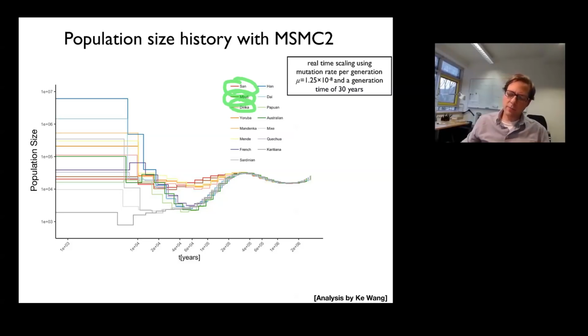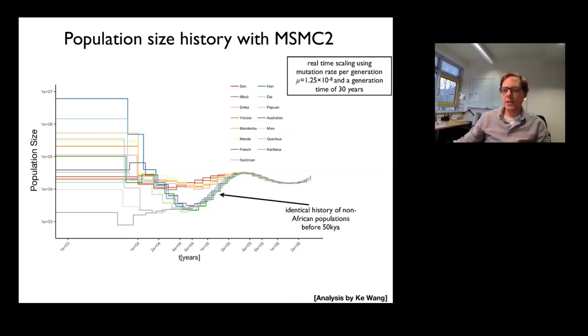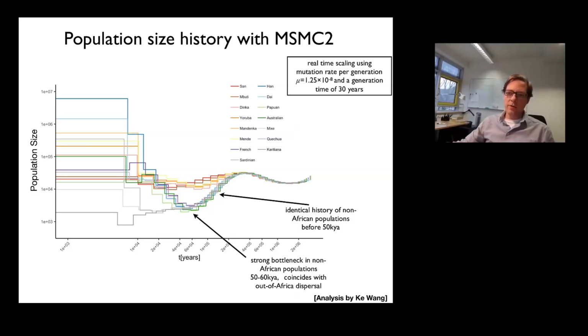So on all of these plots, the distant past is on the right, and the recent past is on the left. And you can see that in all of these non-African populations before 50,000 years ago, so all these non-reddish and yellowish samples that are circled here, we see an identical population history that diverges from their African cousins around 200,000 years ago, and then goes all the way down to a steep bottleneck around 50 to 60,000 years ago, which archaeologists can connect to the out of Africa dispersal event.